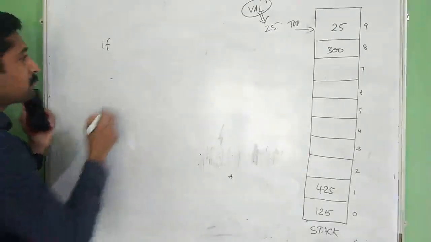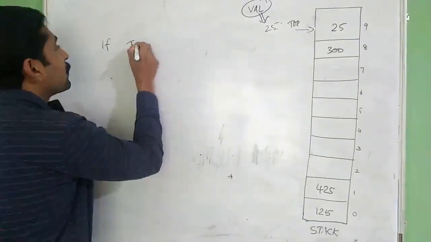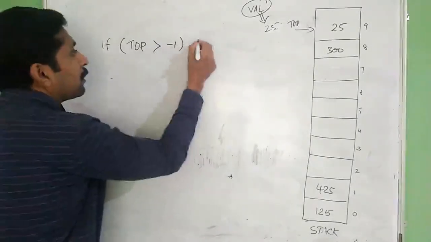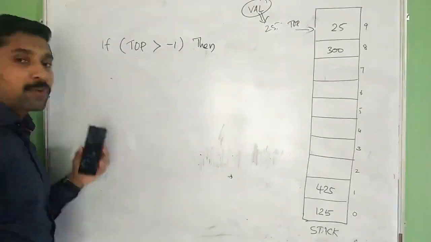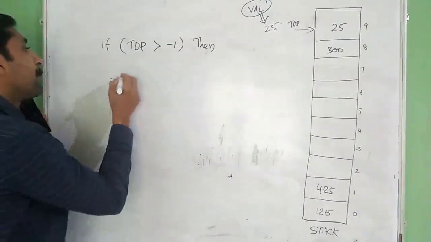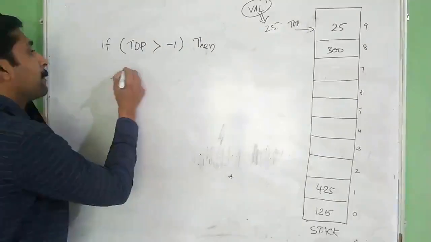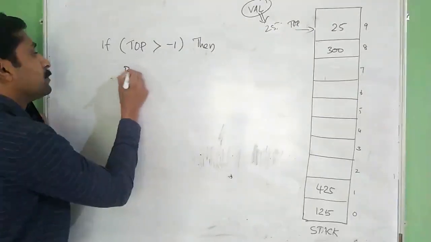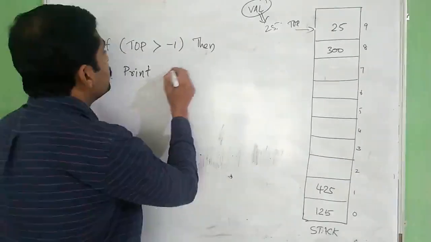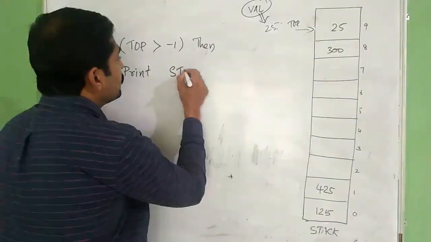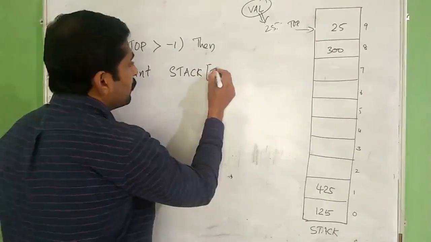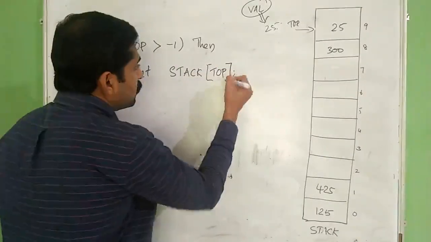If top greater than minus 1, then we can print stack of top.